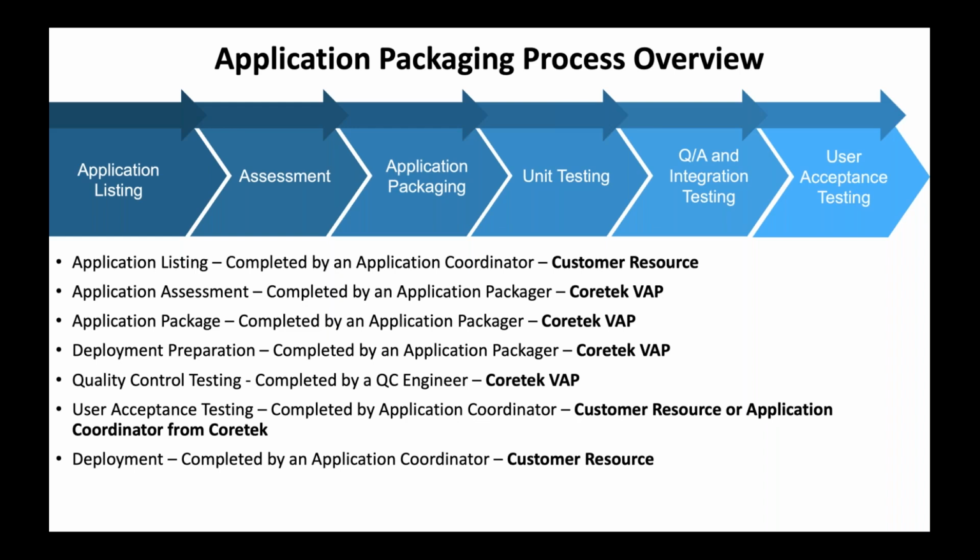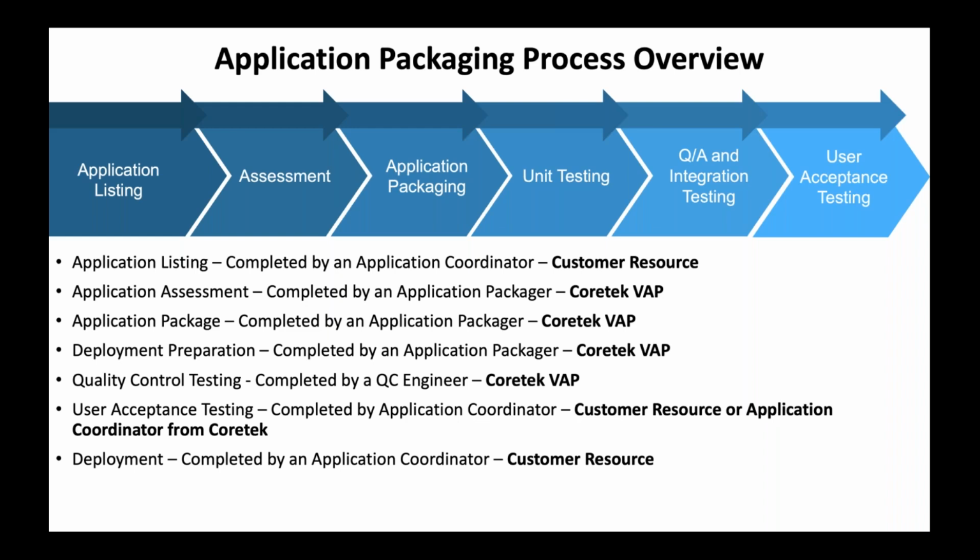From there, we go to user acceptance testing, where we actually leverage an application coordinator from the CoreTech side or the customer resource, and we sit down with that SME and make sure that this application installs to their environment with zero touch or an understood minimal touch if touch is necessary, but at zero touch, and that it functions and behaves as they would expect in their production environment.